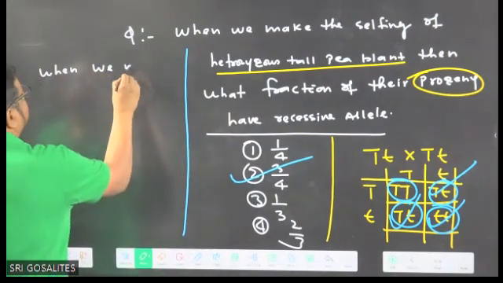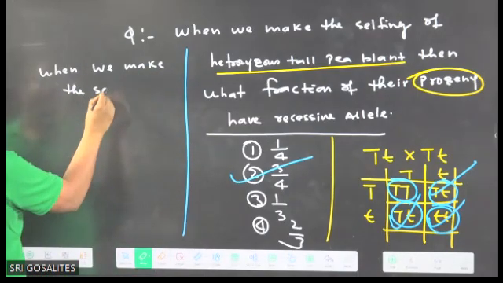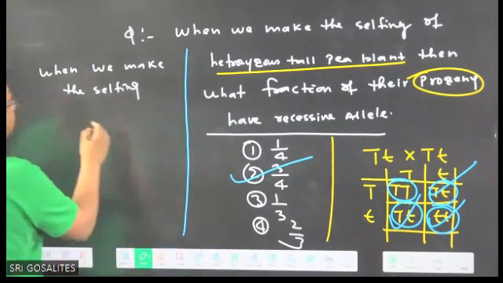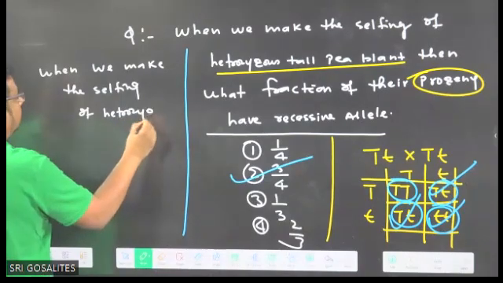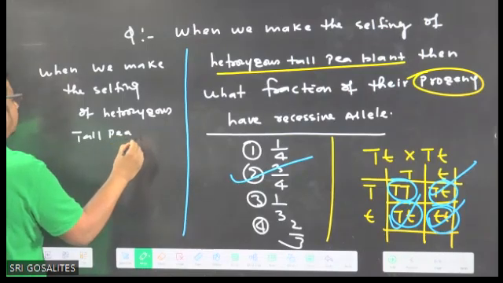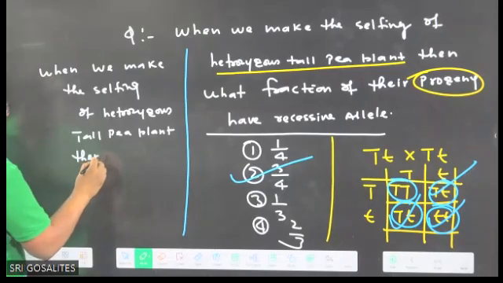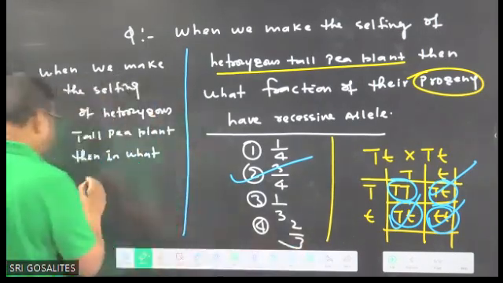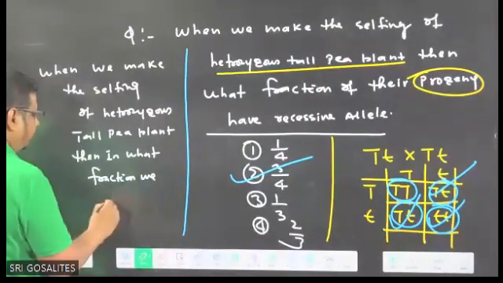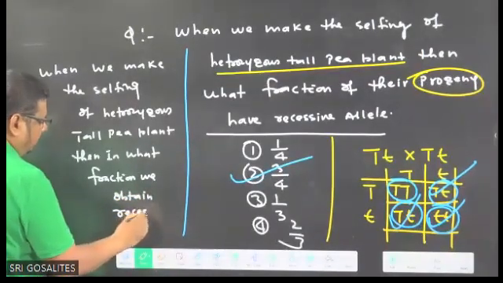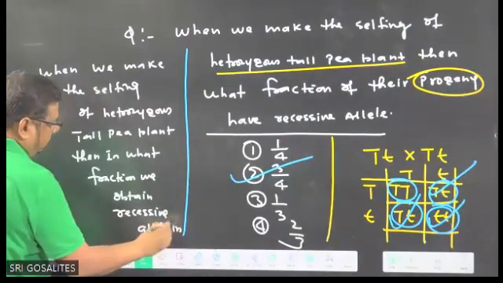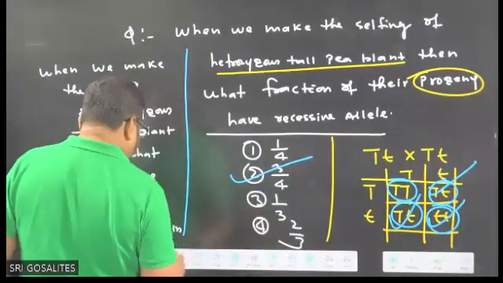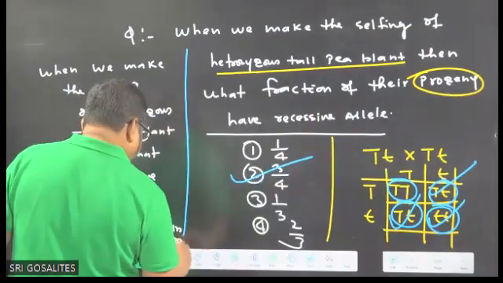When we make the selfing of heterozygous tall pea plant, then in what fraction do we obtain a recessive allele in their progeny?